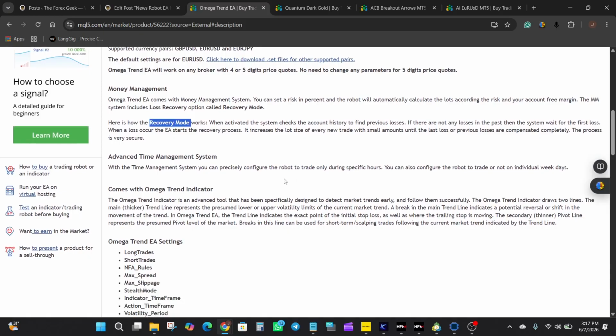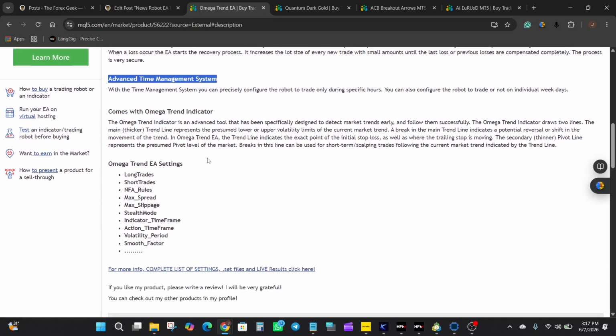The EA also includes an advanced time management system, allowing traders to specify trading hours and select which days of the week the robot is allowed to trade. For traders who want more control over execution schedules, this can be a useful layer of customization.